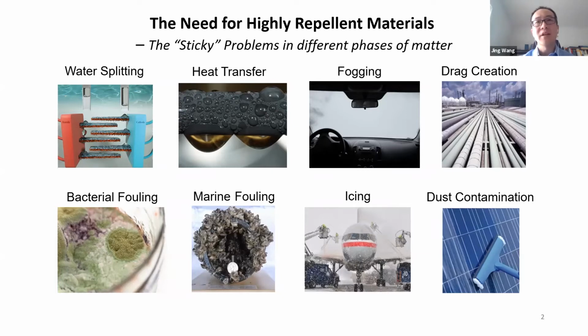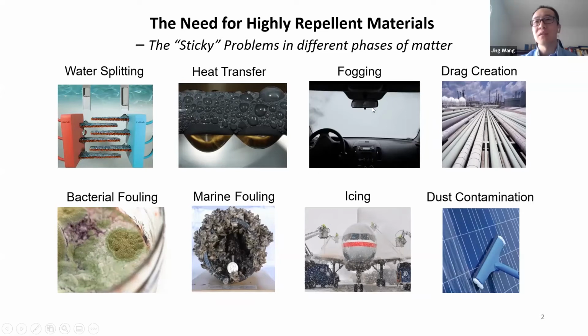Another example is heat transfer, especially condensation. Once the water droplets coalesce, grow and form a film, the film serves as an insulation layer, and this insulation layer greatly reduces the heat transfer coefficient.